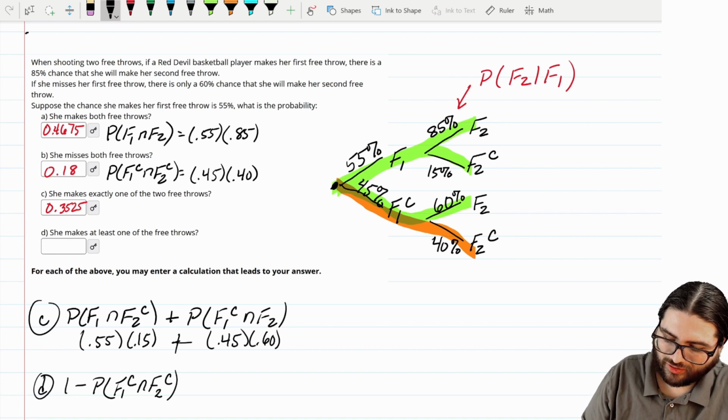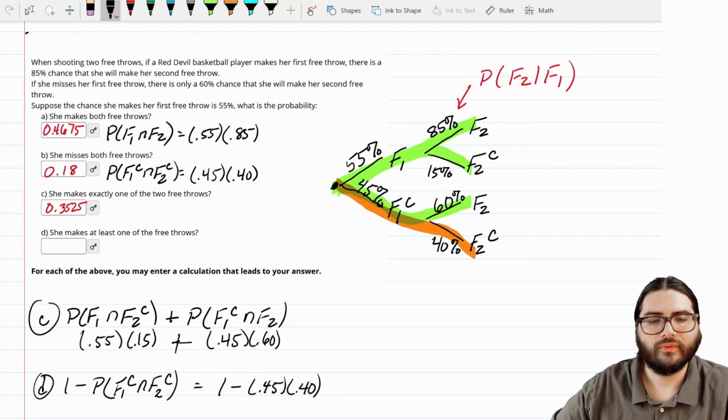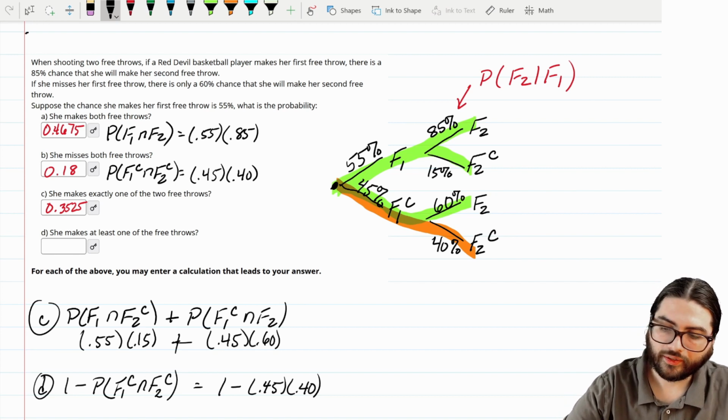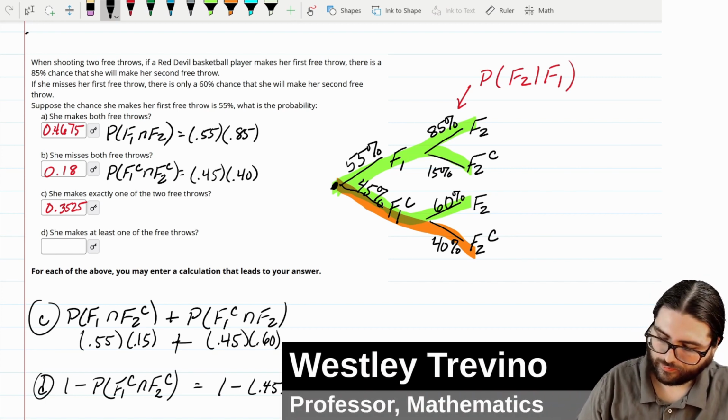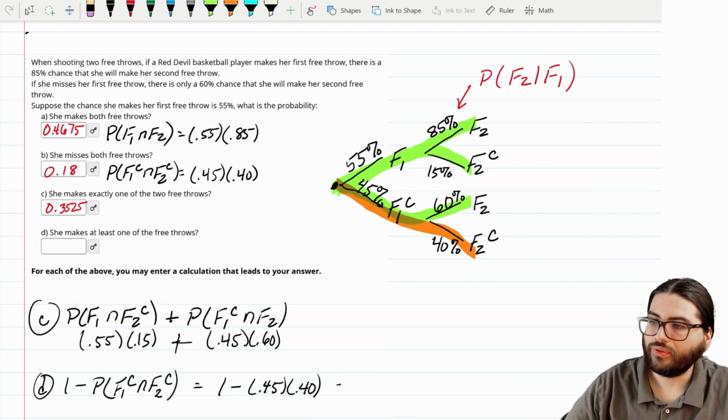That's going to be much easier to calculate. 1 minus 0.45 times 0.40. Again, I'll go to the calculator. 1 minus 0.45 times 0.40. That should be 82% or 0.82.